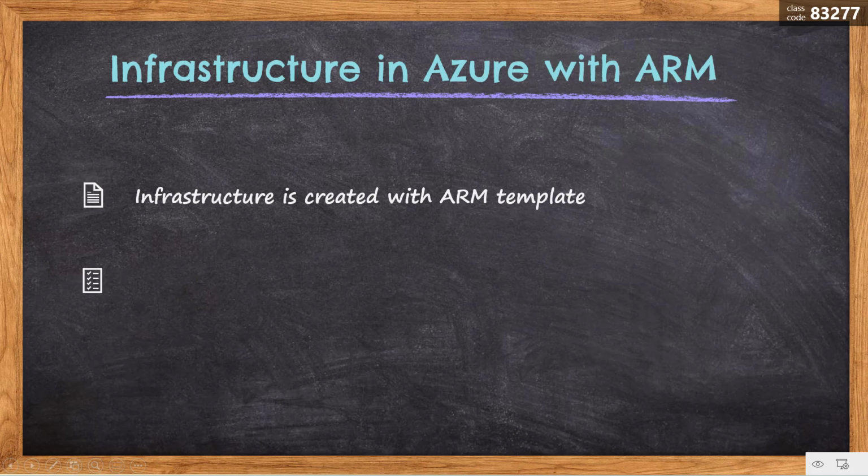So even if you deploy the infrastructure manually from the Azure portal, behind the scenes it generates the ARM template, and that ARM template gets invoked at the backend, right? And the way it invokes in the backend is that Azure uses built-in APIs. So Azure has APIs which are used to deploy the infrastructure with the help of an ARM template.